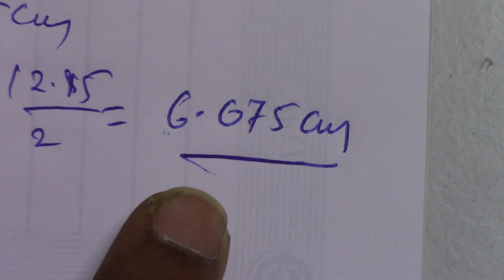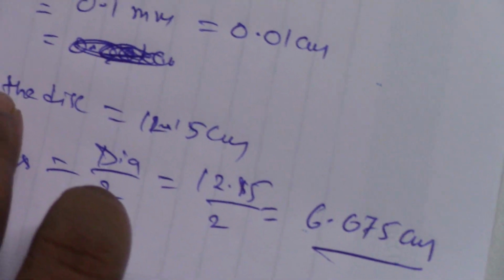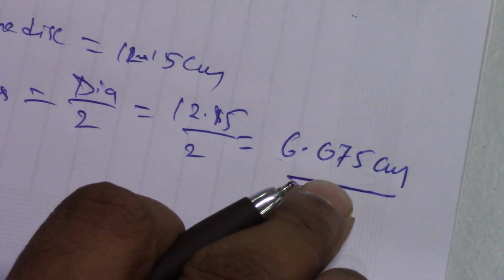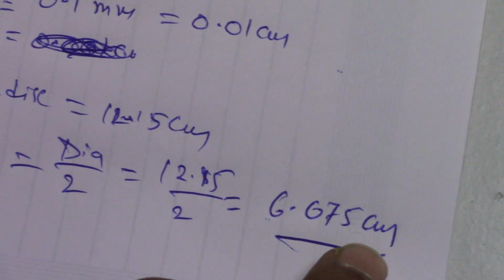This is the radius of the disc. This is the diameter, and diameter by 2 is called what? Radius. So 12.15 centimeters is nothing but the diameter of the disc. By 2 will give what? Radius. So we determined the radius of the disc as 6.075 centimeters in this experiment.